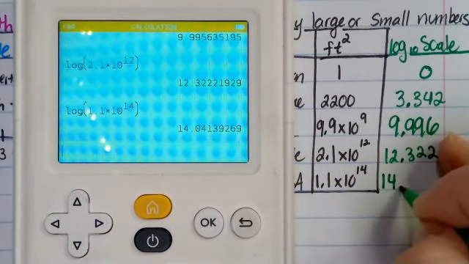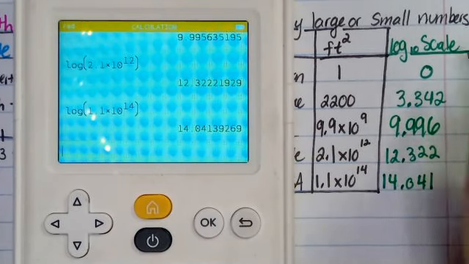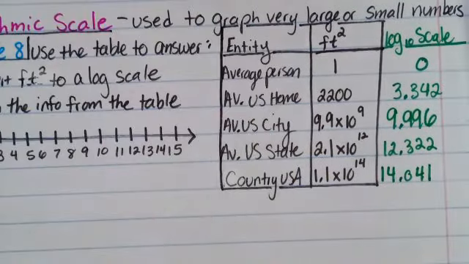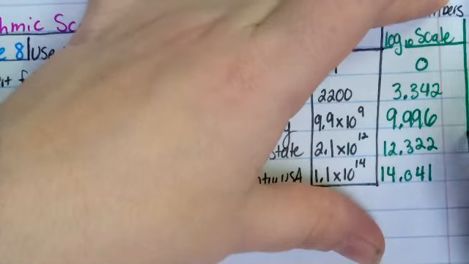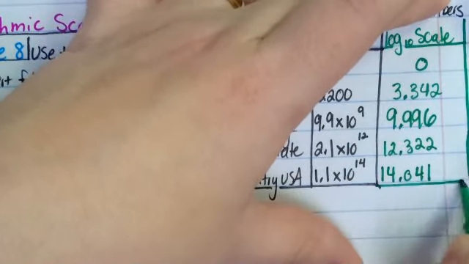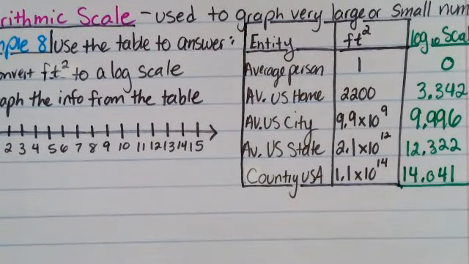And that's 14.041-ish. Okay. So that was us just adding on to our table using a logarithmic scale. So what I just did is I just scaled everything using a logarithm.